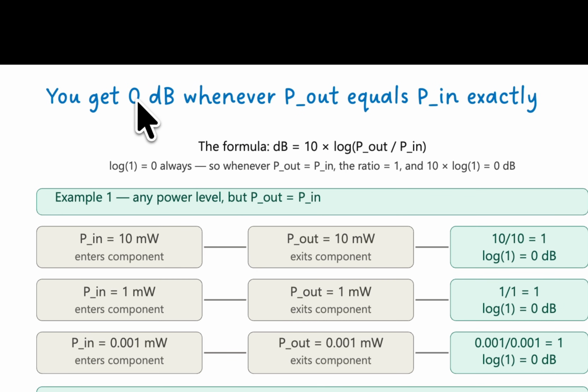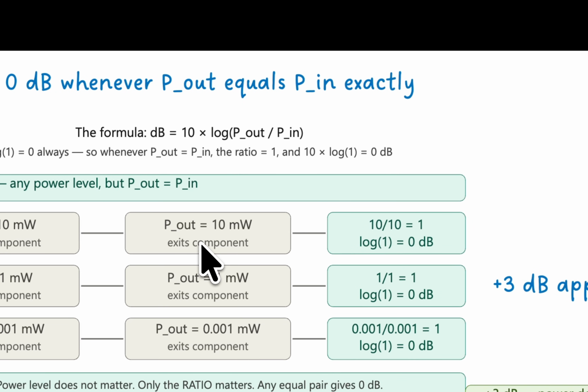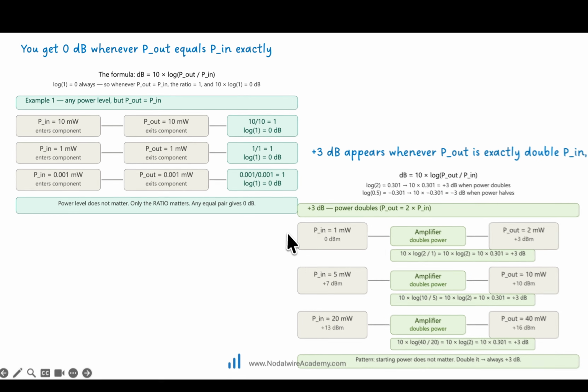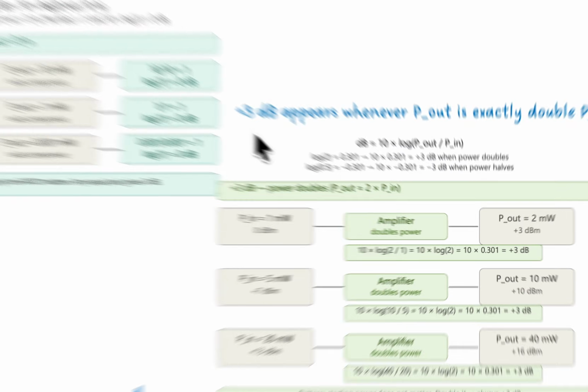So the first case, 0 dB. For example, the transmit power is 10 milliwatt and the output power is also 10 milliwatt. I replace the values in this formula: 10 by 10 is equal to 1. Log 1 is equal to 0 dB. That's how we got it. And look at another example for 3 dB.